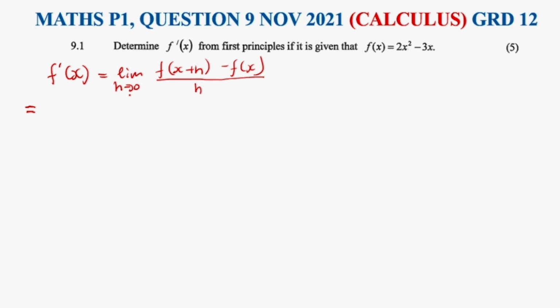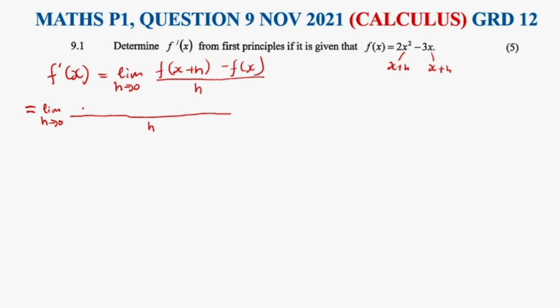So now we come here and say it's equal to... I've already said in previous videos that whenever you see x, you're going to put x plus h. So now, limit as h approaches 0, and everything is all over h. Wherever there's an x, we're going to put x plus h.